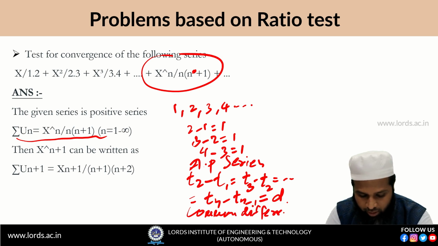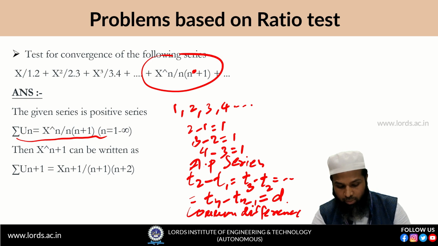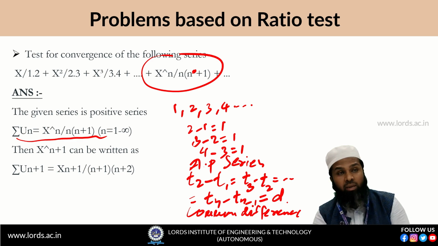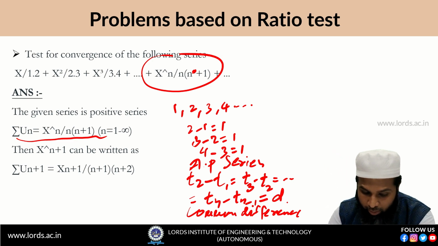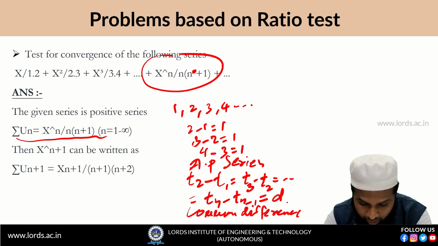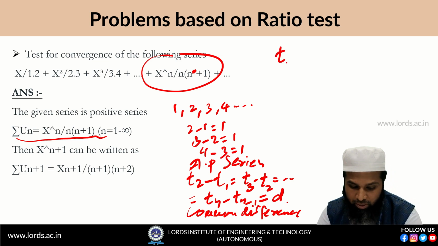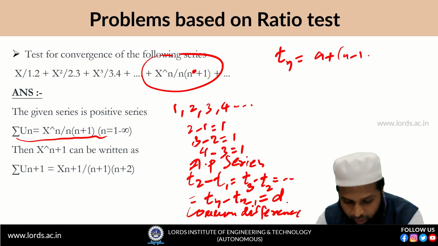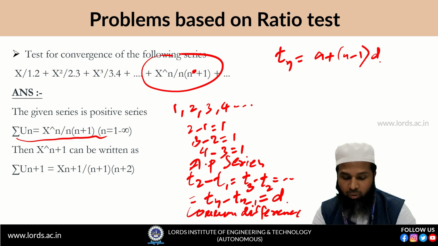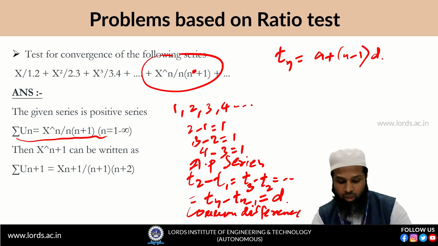So we can say that if T2 minus T1, T3 minus T2 and so on are the same, then this series is in AP. And we have a ready-made formula to find the nth term of the AP series. The formula is Tn equal to a plus (n minus 1) into d. This is the formula for finding the nth term of the AP series.